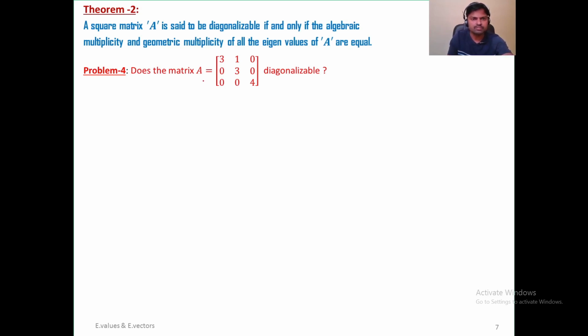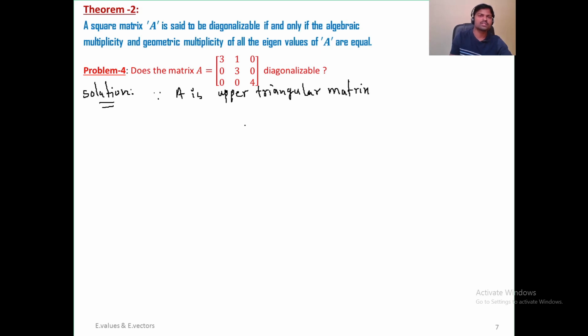Now, what are the eigenvalues? Since it is an upper triangular matrix, the diagonal entries are nothing but the eigenvalues. So therefore, since A is upper triangular, if it is not upper or lower triangular, we compulsorily need to find the eigenvalues first, by using the characteristic equation.